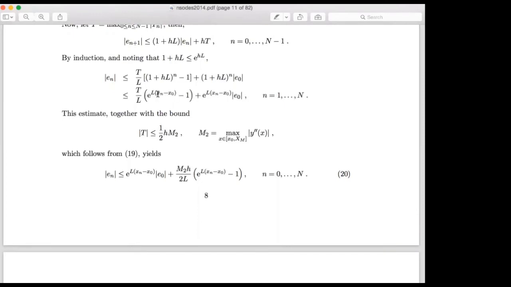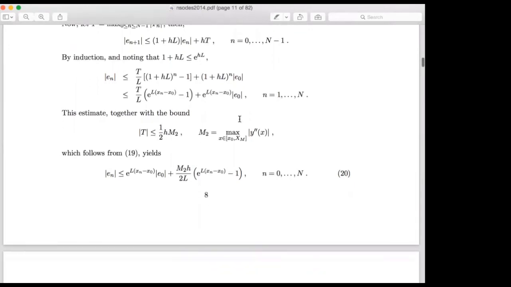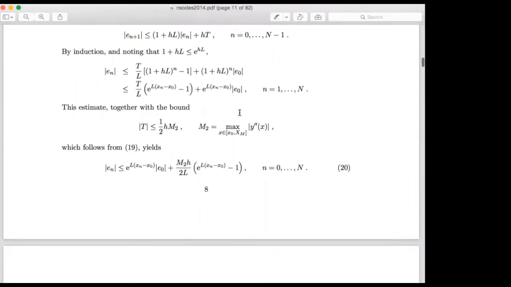So that is coming out to be xn minus x0, minus 1, plus e raised to the power L (xn minus x0) mod e0.